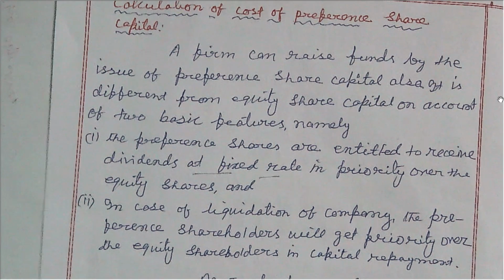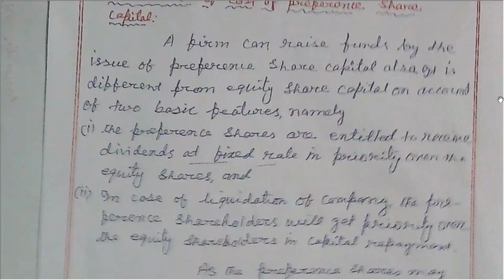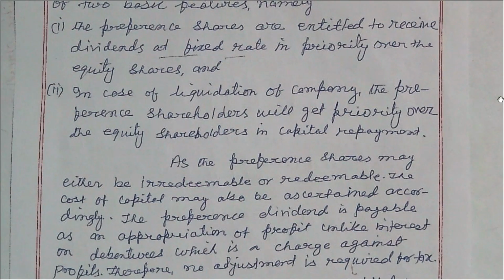From the redeemable and non-redeemable points of view, it is calculated similar to the cost of debenture or cost of debt. But the preference dividend which is paid is an appropriation of profit, unlike interest on debenture, which is a charge against profit.